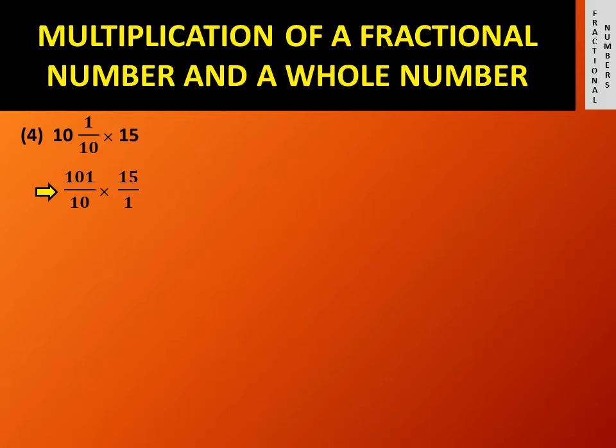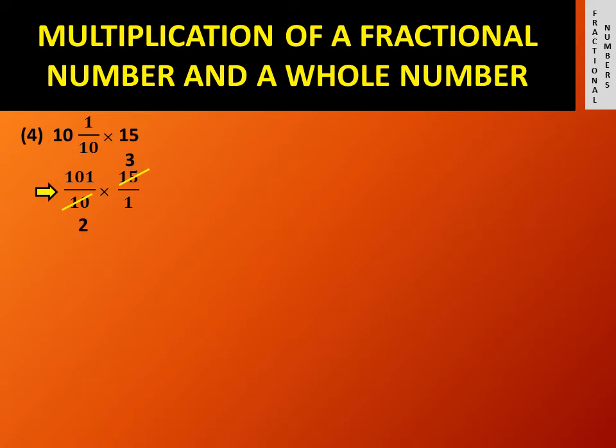Now simplify. If numerator and denominator are divisible by the same number, we need to cancel them out by the same number. Here I see 5 divides both 15 and 10. So cancel them out by 5. 15 divided by 5 is 3 and 10 divided by 5 is 2.